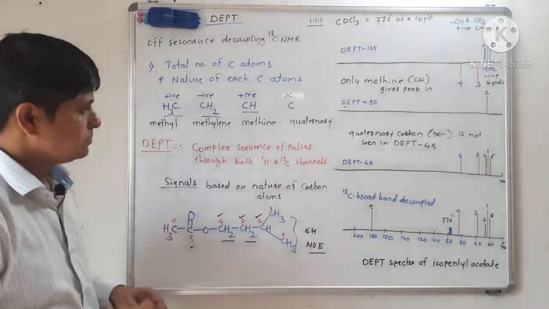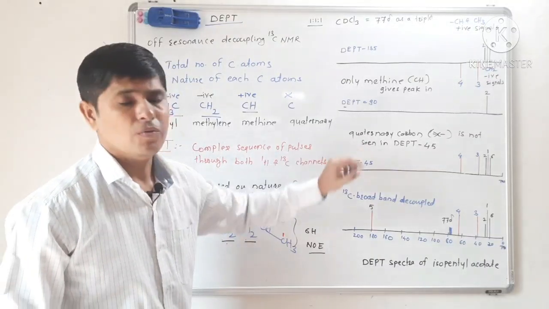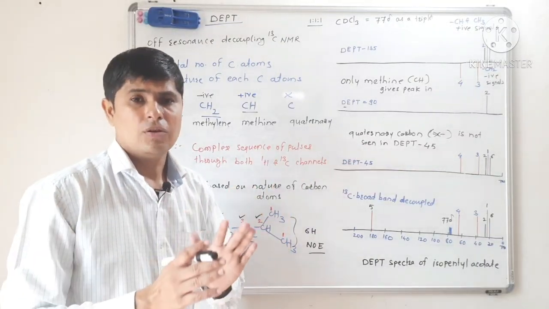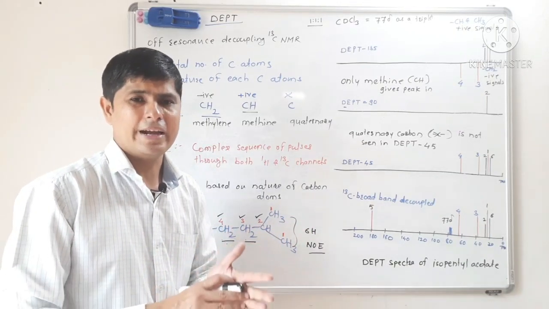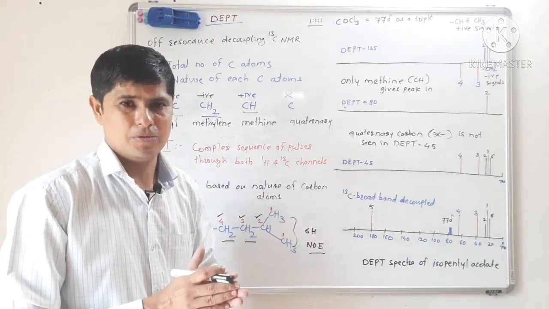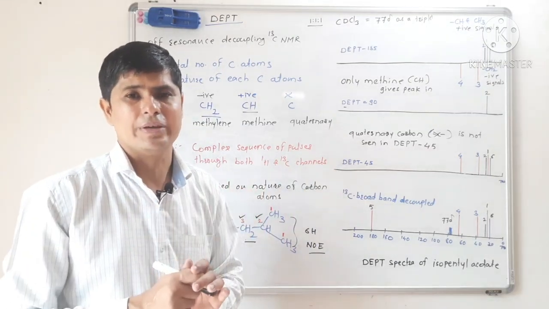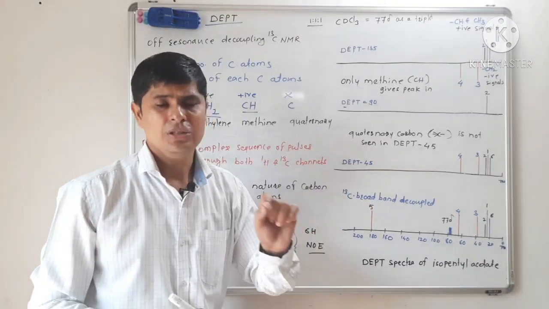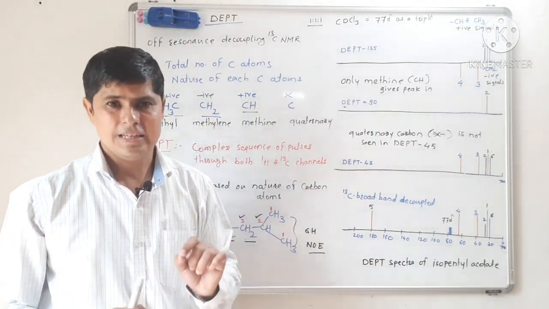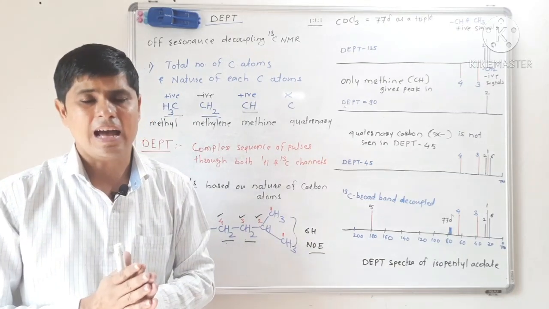Now in DEPT 45, quaternary carbon is not seen, in all cases, in DEPT 45, DEPT 90 and DEPT 135. In DEPT 45 we can see all protonated carbons, that is CH, CH2, CH3, that is methine, methylene and methyl carbon.